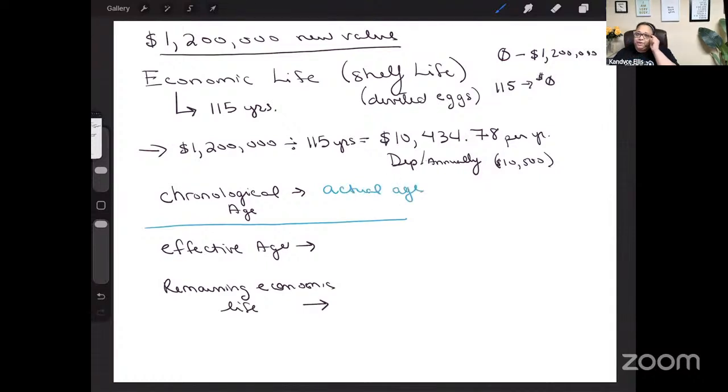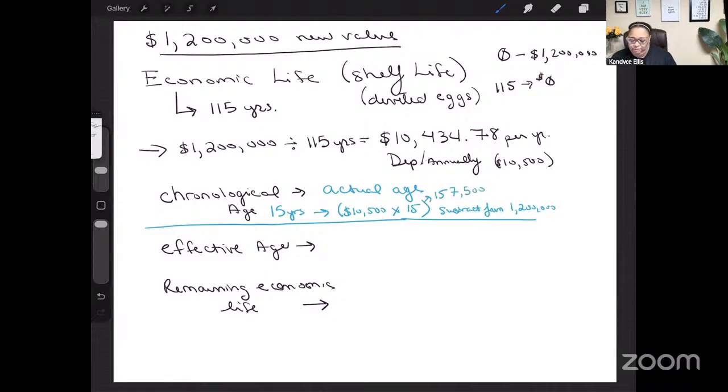If the building is 15 years old, so if they said 15 years is the chronological age, then that means you've lost the 10,500. Remember, I'm just rounding to make it easier, times 15. And whatever that number is, we're going to subtract it from 1,200,000. So 10,500 times 15 means you have a loss of 157,500.